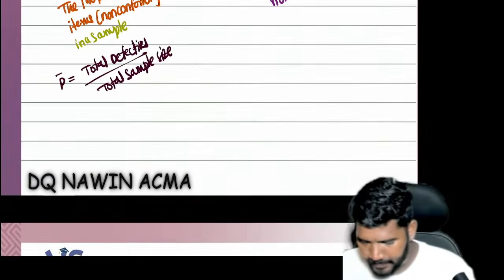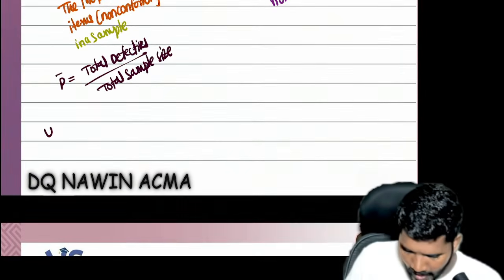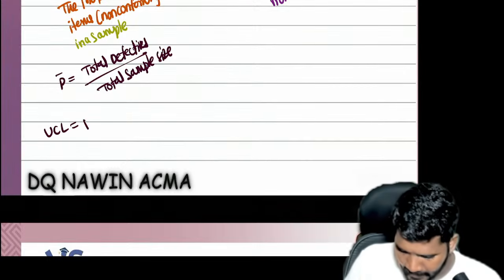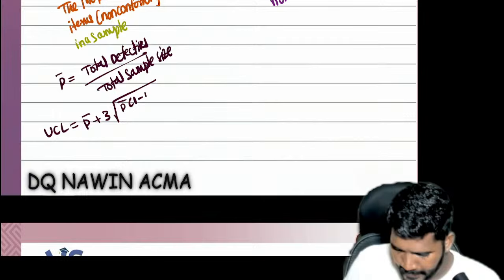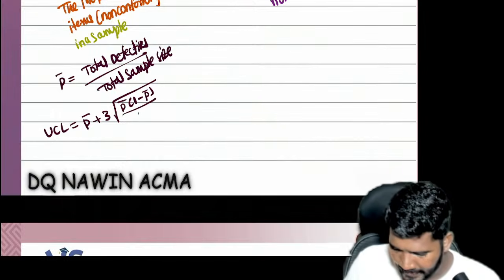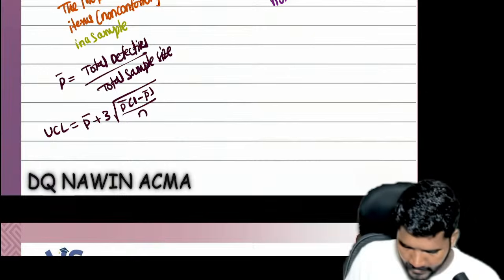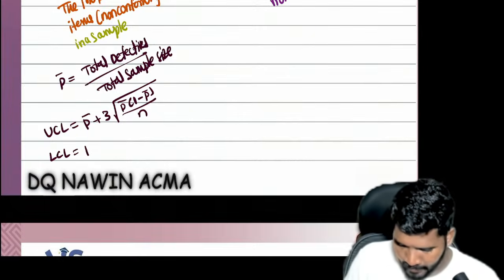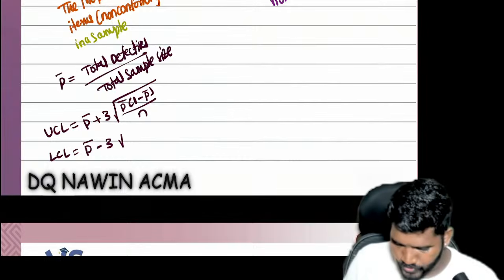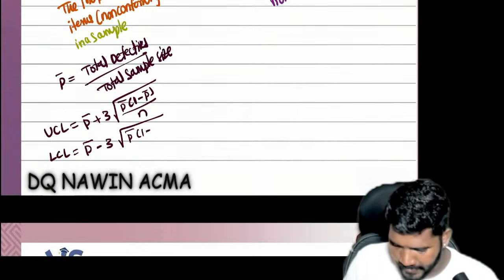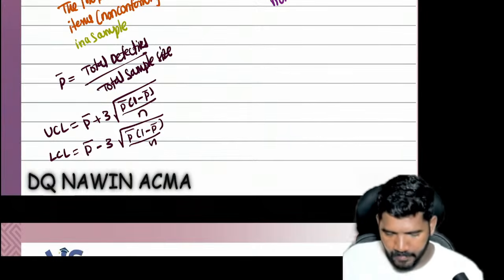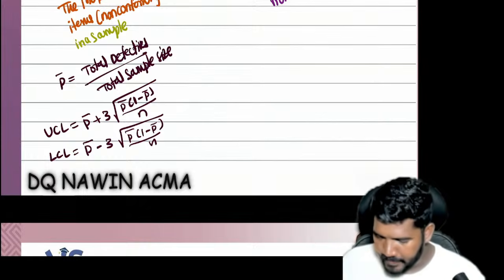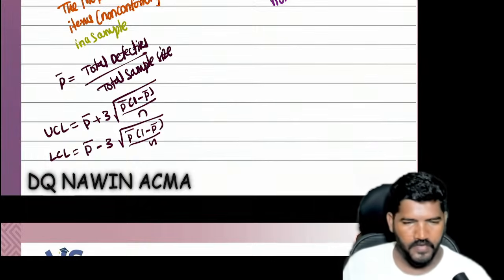After calculating P bar, you have to calculate the upper control limit, which is P bar plus 3 times the square root of P bar (1 minus P bar) divided by N, and also calculate the lower control limit, P bar minus 3 times the square root of P bar (1 minus P bar) divided by N. The term P bar means total defectives divided by total sample size. The term N represents the number of samples, the average number of samples.